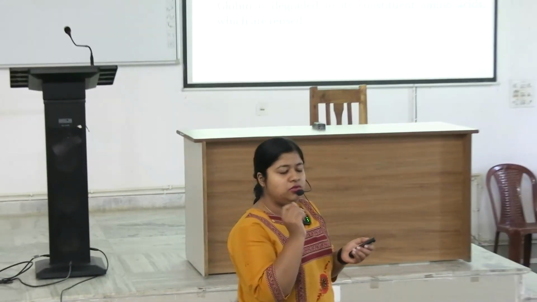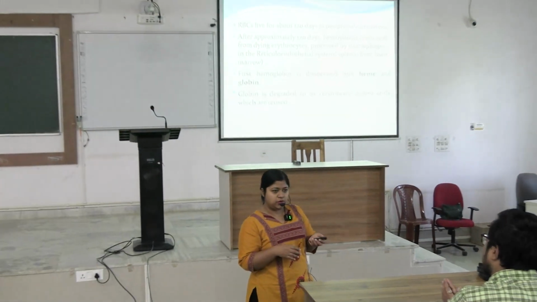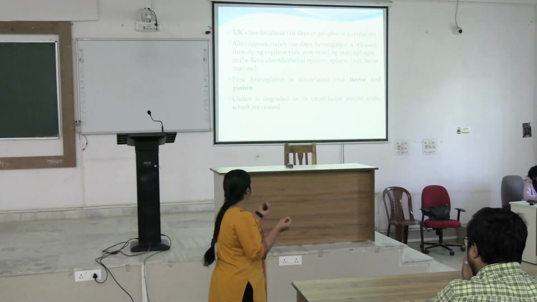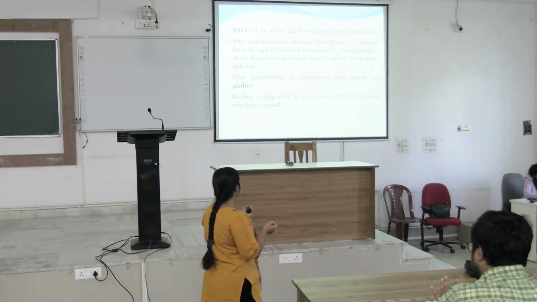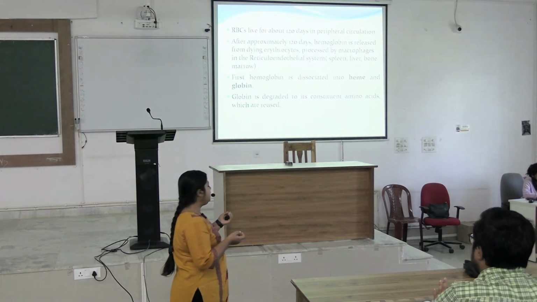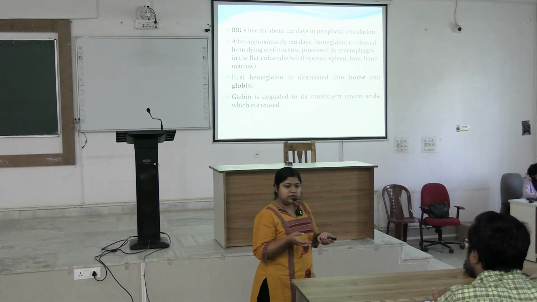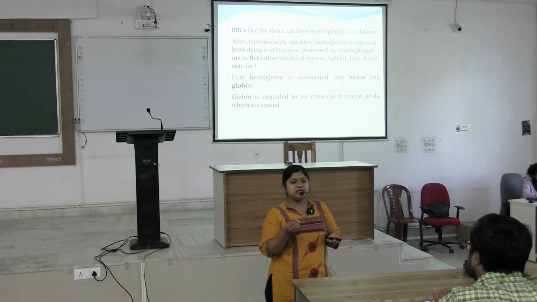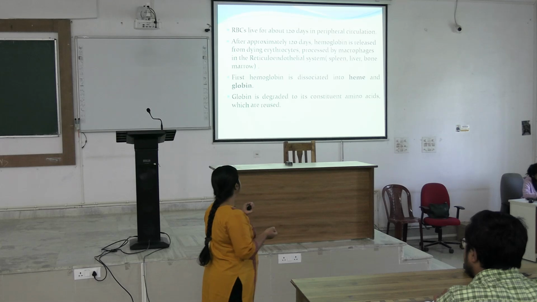There are fine fenestrations or capillaries through which, when the old RBCs pass, they break down and the hemoglobin is released. Then the hemoglobin is dissociated into heme and globin. Globin is the protein part. It will be degraded into amino acids, which are further reused.